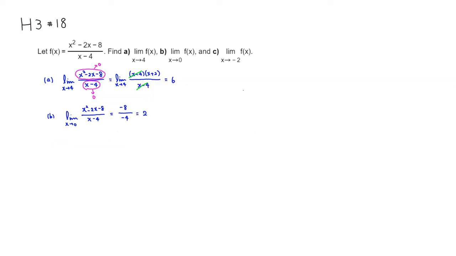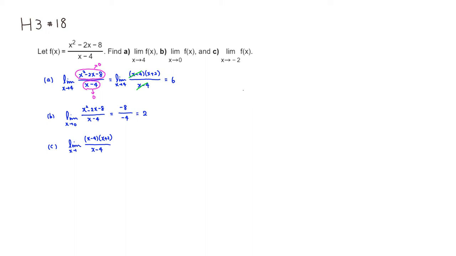All right, part C, now x goes to negative 2. Let's look at that. I'm going to use the factored version: x minus 4 times x plus 2 over x minus 4, as x approaches negative 2.